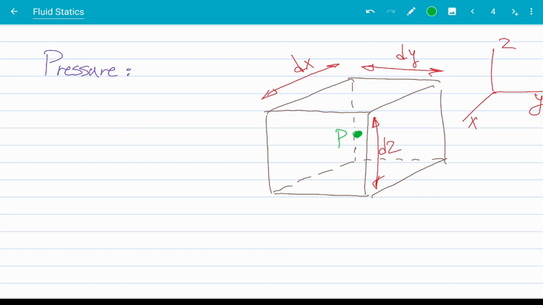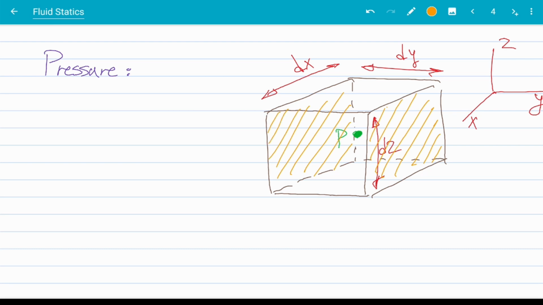Now, using the Taylor series, I can find the pressure on all 6 sides of this cube element. So let's focus on these 2 faces first, these ones that I'm coloring orange. And let's call them the left and right plates. I'm going to call this one left plate and this one right plate.